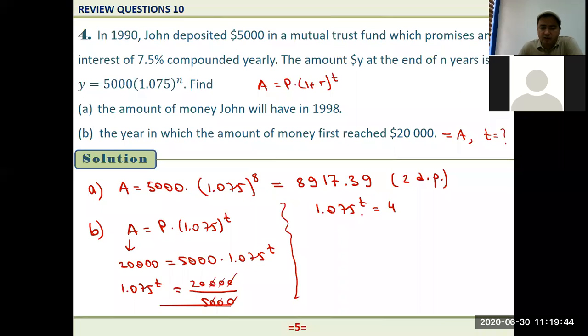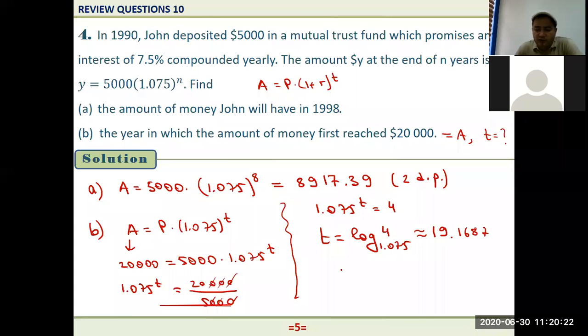So using the definition of logarithm, T is equal to the logarithm of 4 to the base 1.075, which is approximately 19.1687, corrected to 4 decimal places.